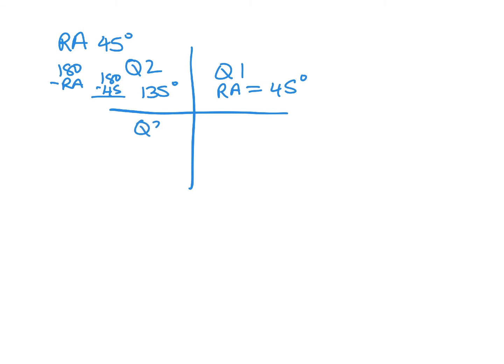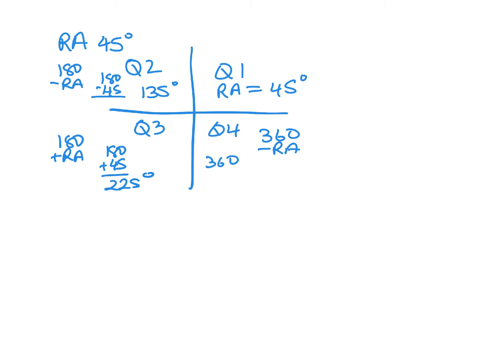In quadrant 3, we're going to take 180 and we add the reference angle. So 180 plus 45, and in quadrant 3, it'll be a 225 degree angle. And then in quadrant 4, it'll be 360 minus the reference angle. So here it'll be 360 minus 45, and it'll be 315.